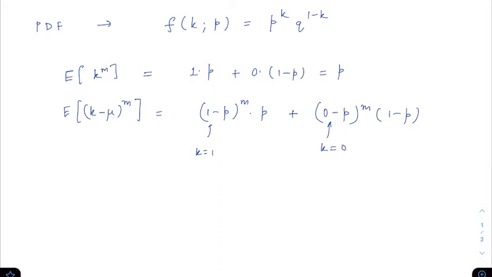In particular, we can see that the expectation of just k to the power 1, setting m equal to 1, which will give us the mean, is just p.